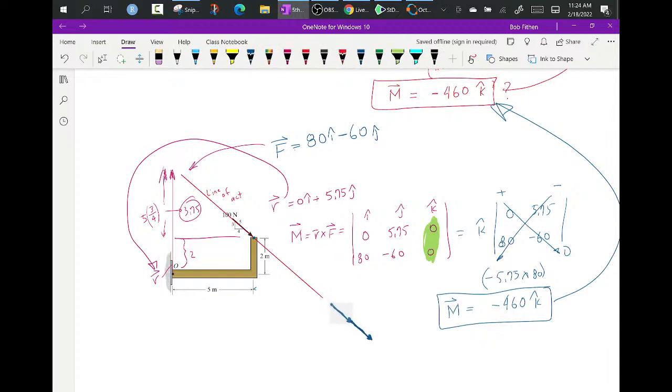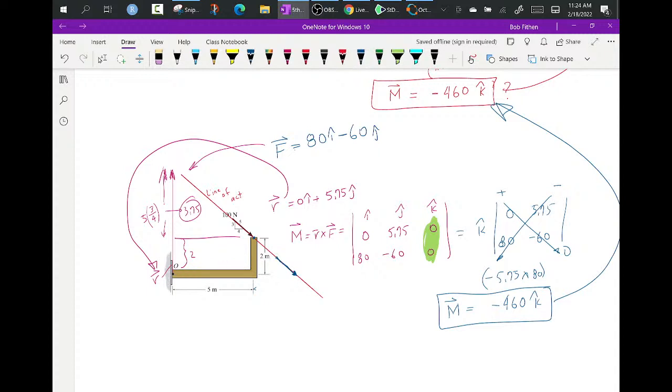Now if you put it here, what happens to your R vector? It goes to here. There's your R. If I move it somewhere else, so if I move it up to, say, here, for example, that vector R goes to the point of application here, and that's your cross product.